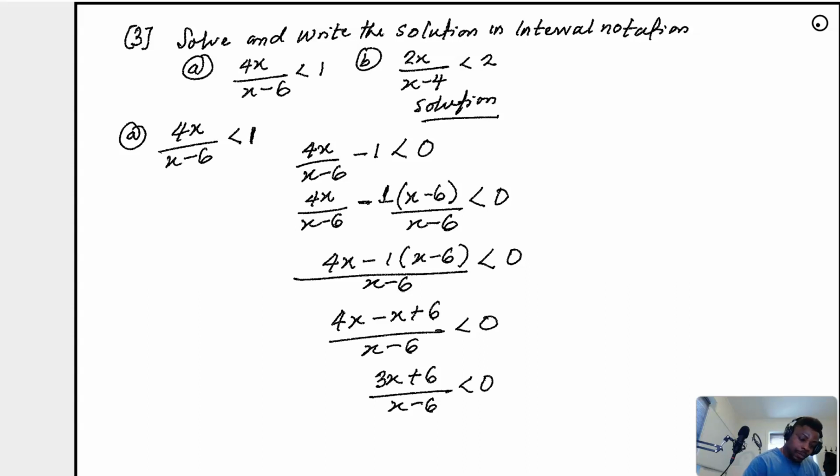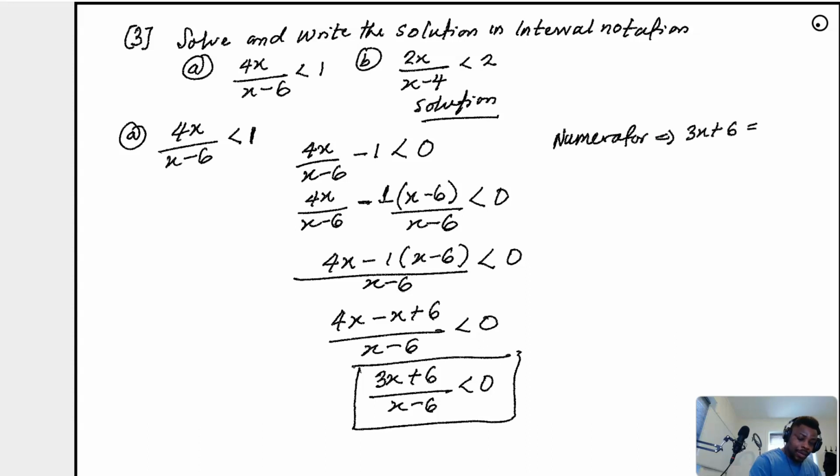So now we have gotten this, so we can go to step 2. On step 2, remember, you are particular about your critical points, and that is based on using numerator equals to 0 and denominator equals to 0. So our numerator here is 3x plus 6 equal to 0. So 3x is equal to minus 6, x should be minus 6 over 3, which is minus 2.